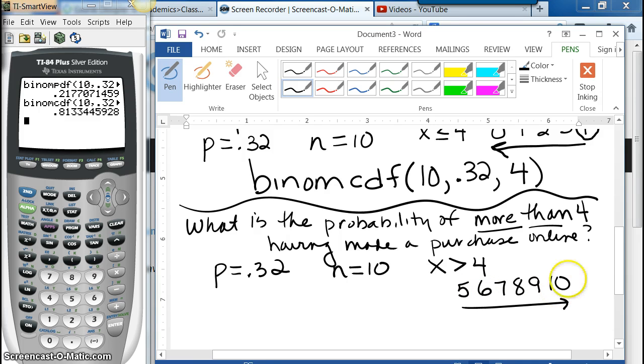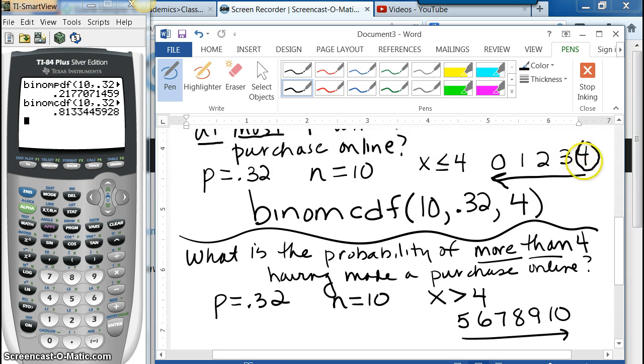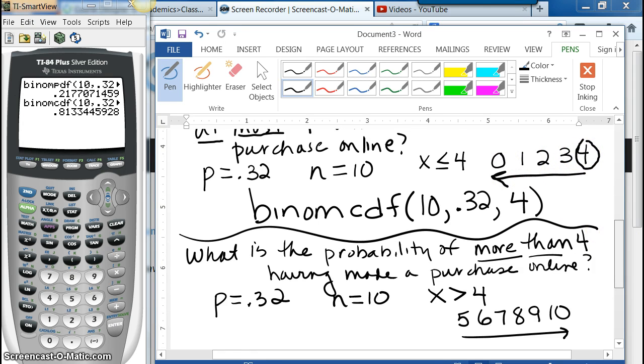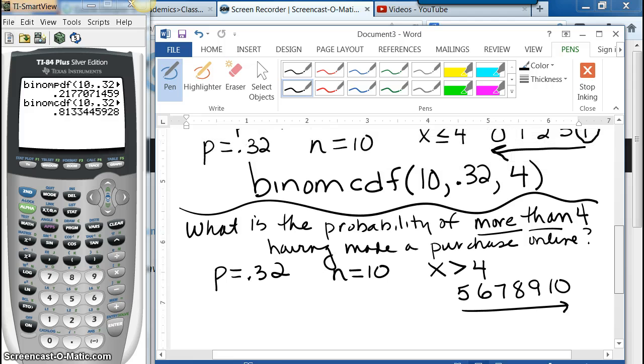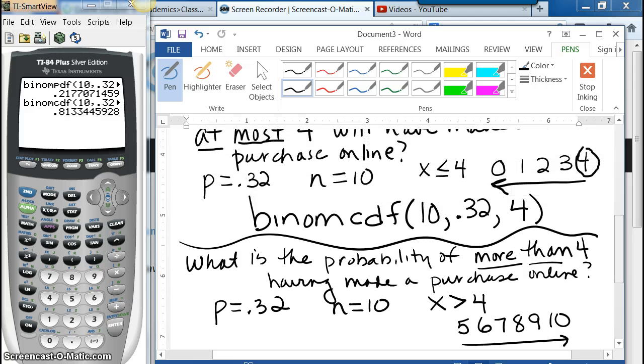More than 4 would go that direction. The binomial CDF at this time does not accumulate that direction. It only accumulates like the previous problem that we did, where from a number on down, it puts these in separately and adds them together. So it will not go forward this direction, but we can kind of outwit the calculator by realizing that 5, 6, 7, 8, 9, 10, the answer to that question would be the complement of the answer to this question.